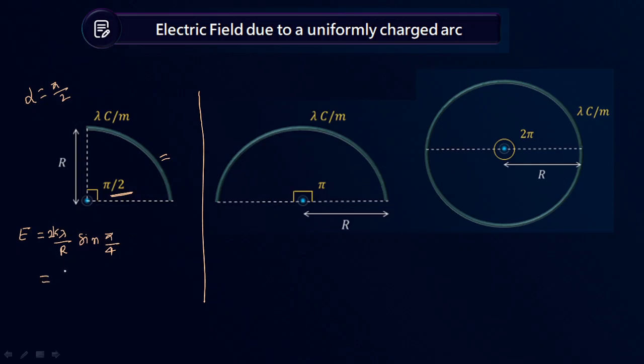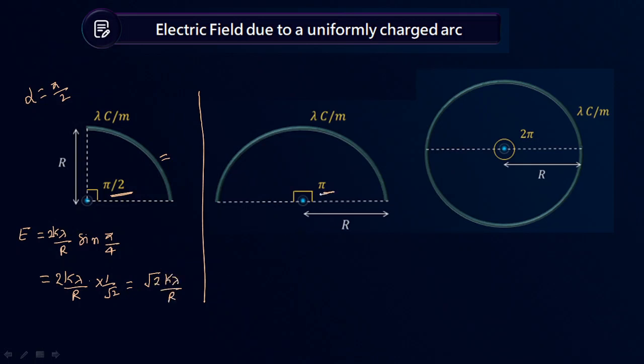So this becomes 2 times k lambda by r times 1 by root 2, which equals root 2 k lambda by r.